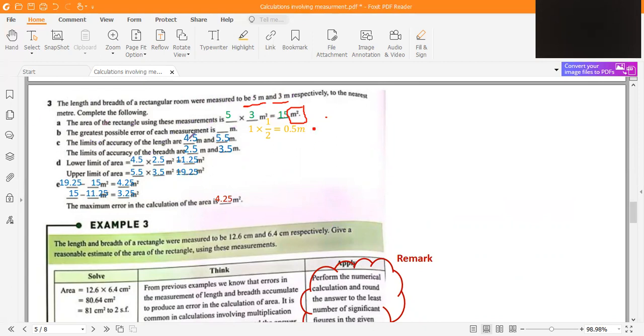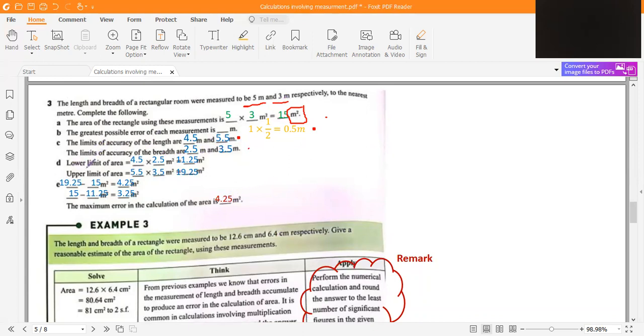The limits of accuracy of length are 5 minus 0.5 and 5 plus 0.5, so we obtain 4.5 and 5.5 meter. The limits of accuracy of breadth are 3 minus 0.5 and 3 plus 0.5, so 2.5 and 3.5 meter.